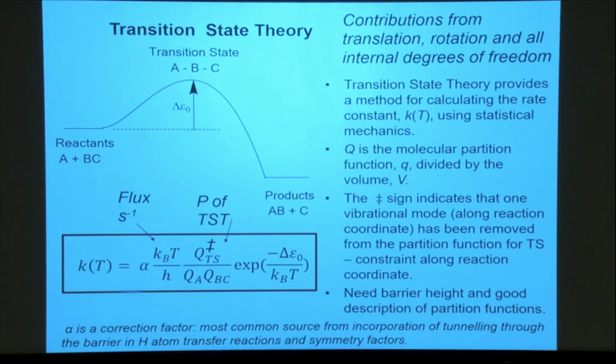And in this equation, we've also got a correction factor. The most likely things that we'll be including in that correction factor might be, for example, the incorporation of tunneling through the barrier, symmetry factors, etc. So that's the basic form of the transition state equation.